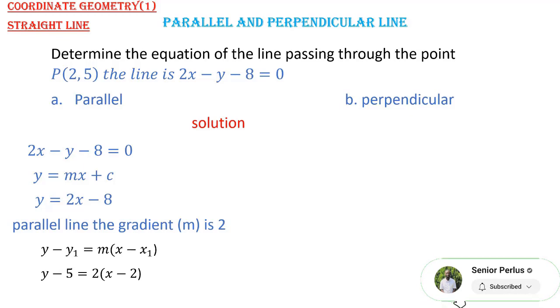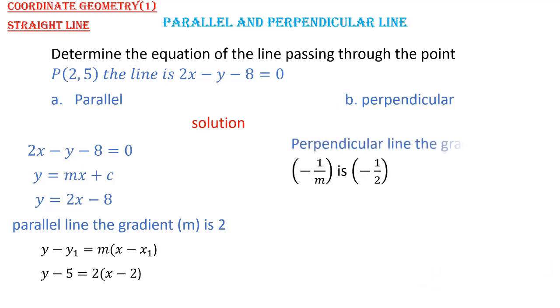Now let's move to the perpendicular. The same thing. For the perpendicular, we know that the product of the gradients equals -1. So if you find the gradient, it will be -1 over m.